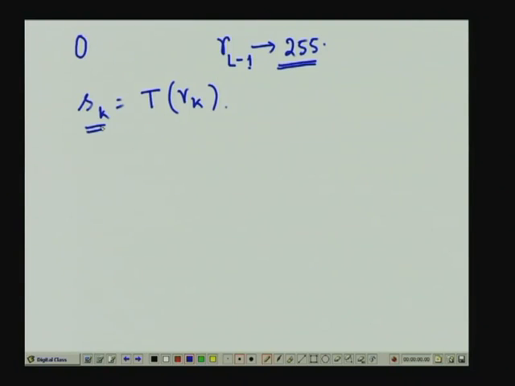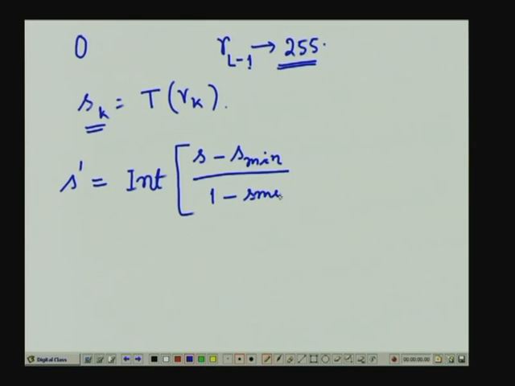The mapping function we use is s dash equal to the integer value of (s minus s minimum) divided by (1 minus s minimum), into L minus 1, where L minus 1 is the maximum intensity level, plus a DC shift of 0.5.